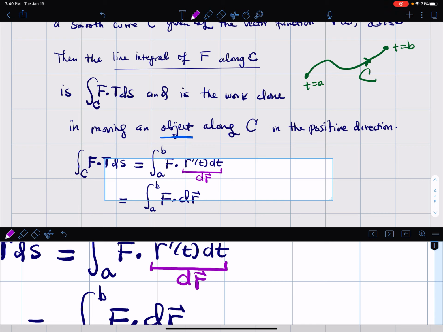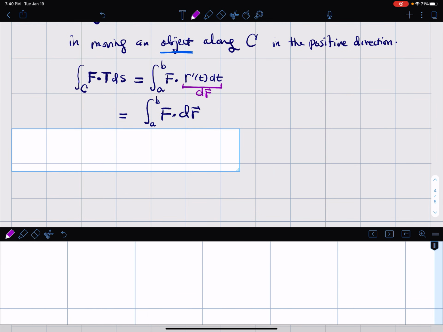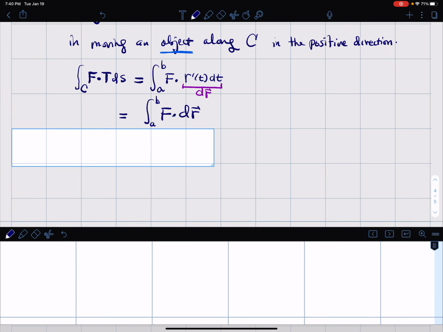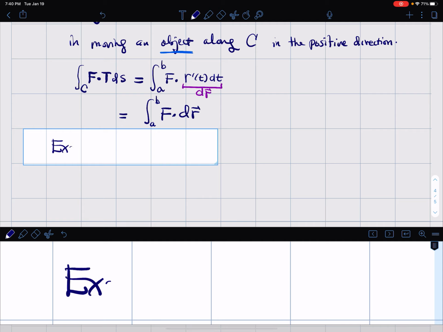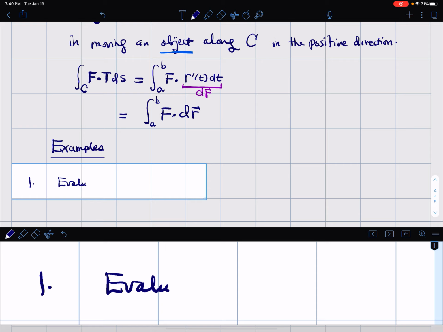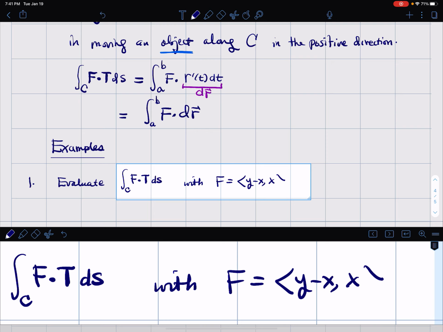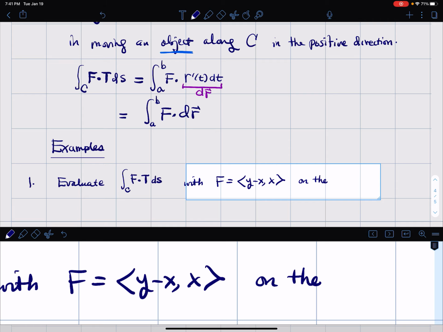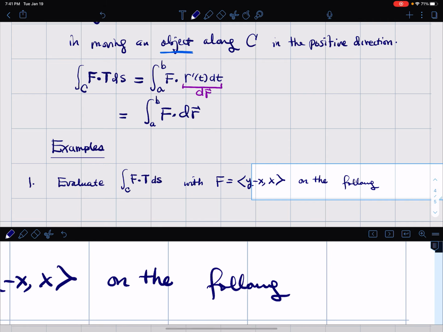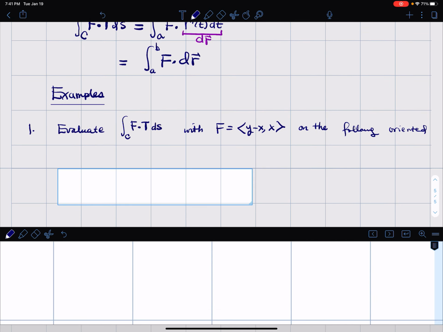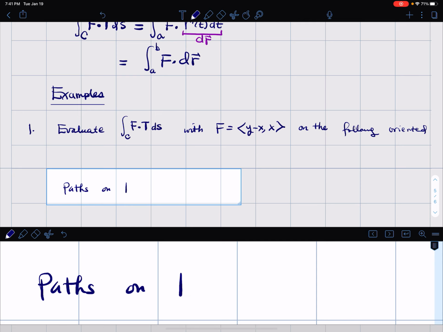Let's do some examples. I would like us to evaluate the vector line integral of f dot T ds, with f equals y minus x on the following oriented paths in R2.